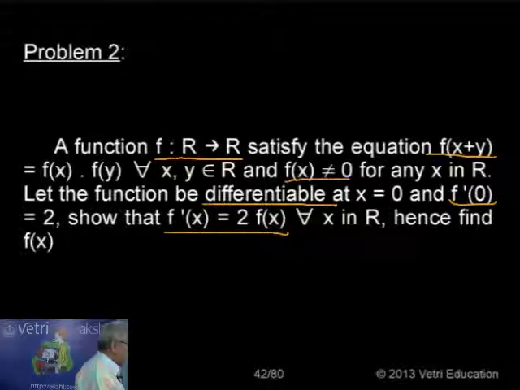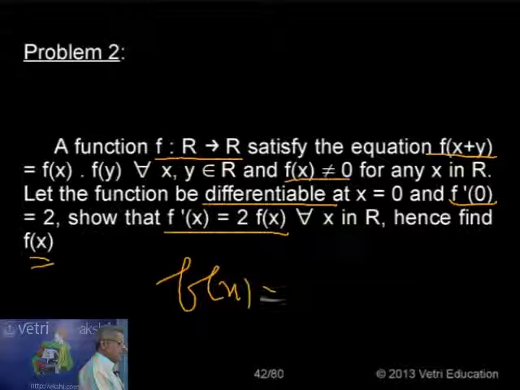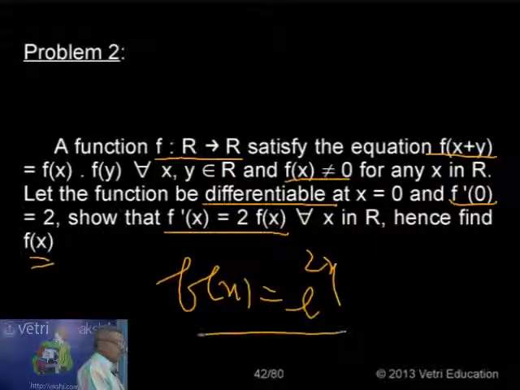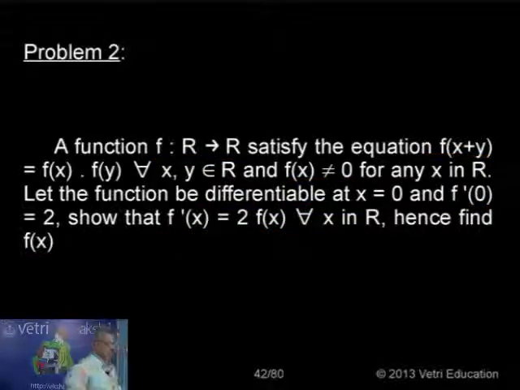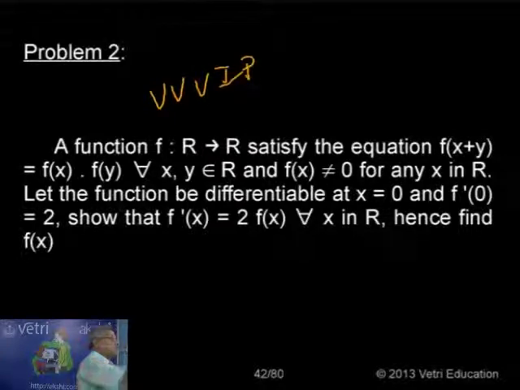Using this integration, we get the function f(x) as e power 2x. Very interesting, important problem. Almost all conditions under differentiation are used. That's why it is considered to be a very, very, very important problem.